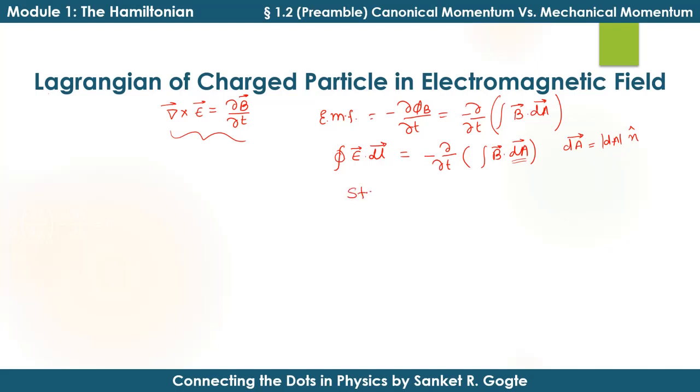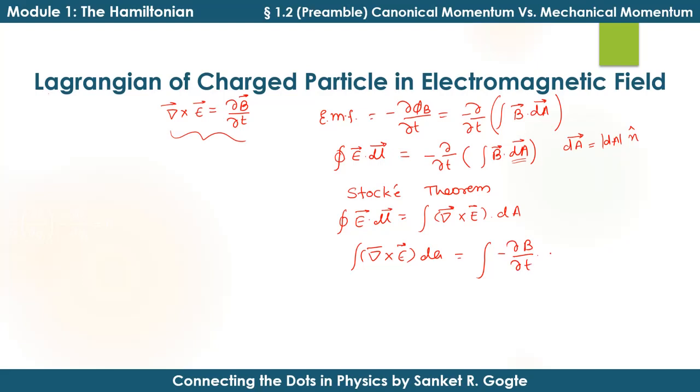Now I can use Stokes theorem to write this line integral as an integration over area, which can be done by considering the curl, and with this our equation becomes the integration of del cross E dot dA is equal to the integration of minus dou B by dou t dot dA, integrated over the area. Here A is the area element that we are talking about, and this is a dot product.